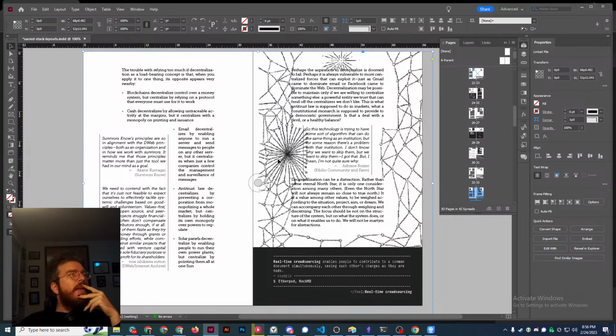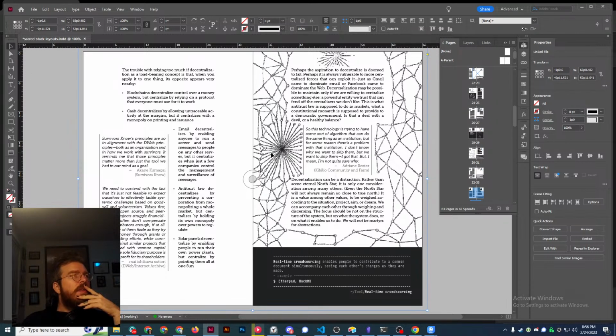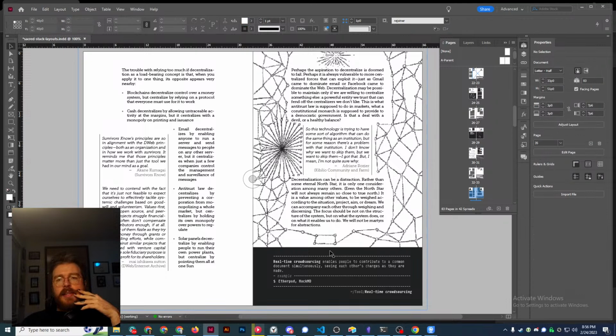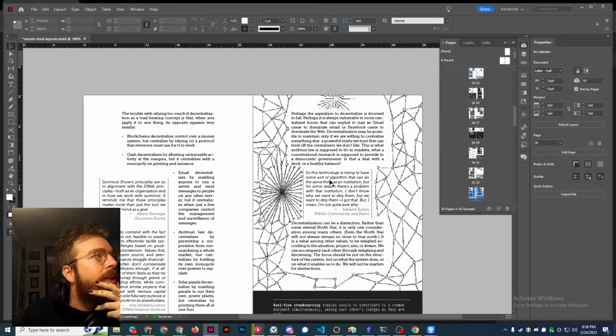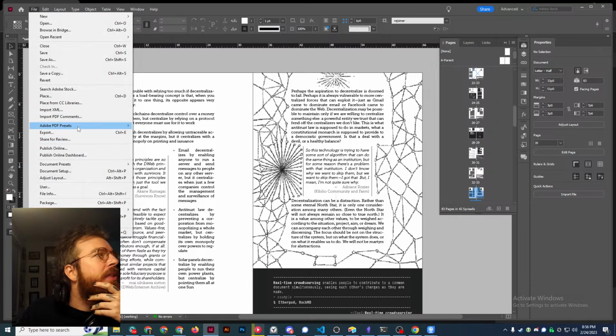And then you remember that we gave it that bleed. So there it is. That looks right. Maybe do a little higher. Yeah. And it doesn't look great because of the preview mode, but I think we can just export.